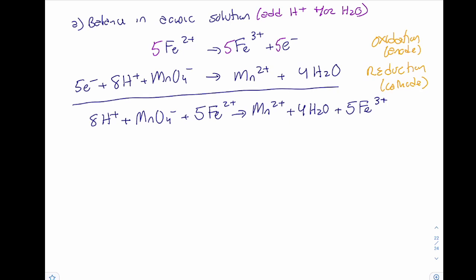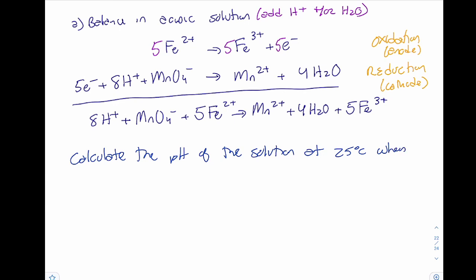So what we're going to do next is calculate the pH of the solution at 25 degrees Celsius when the concentration of iron 2 plus is 0.25 molar.